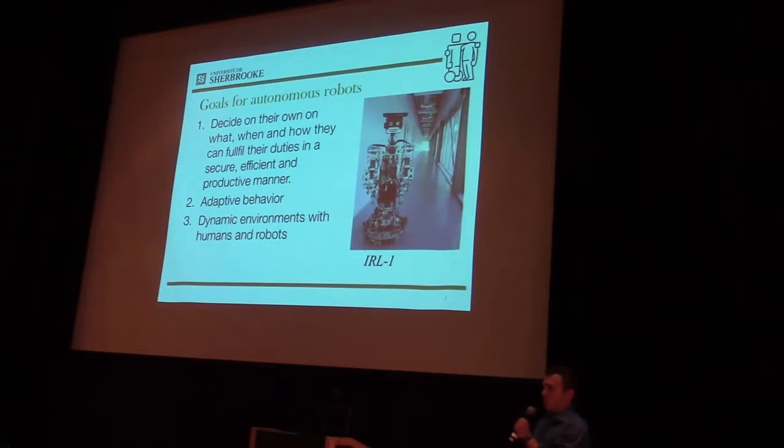We want those kinds of robots to be able to decide on their own on what, when, and how they can fulfill their task in the most efficient and productive manner. We also want them to evolve over time, to adapt their behaviors to new situations. And also, they must be in a dynamic environment with other robots.